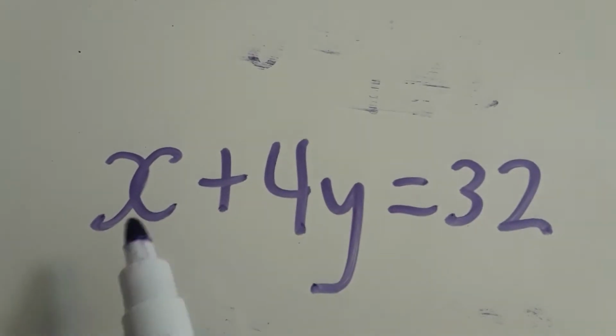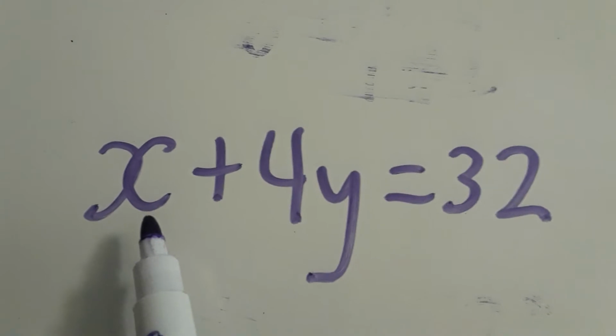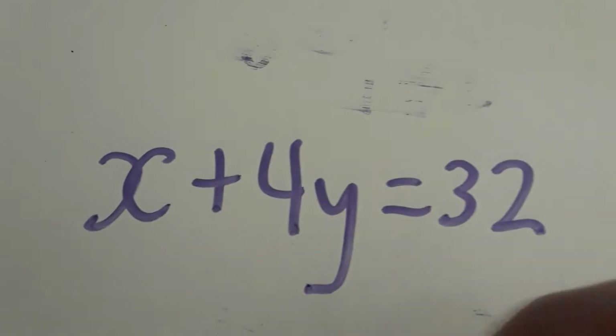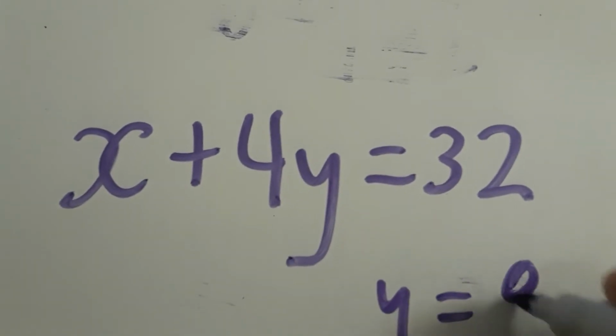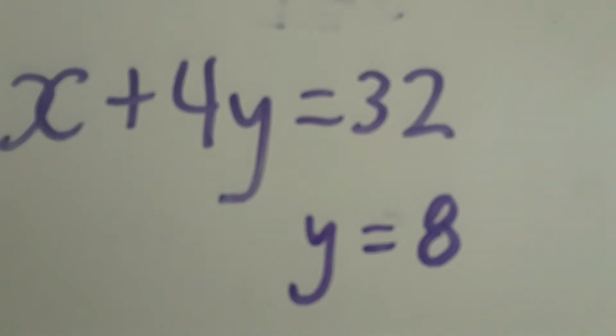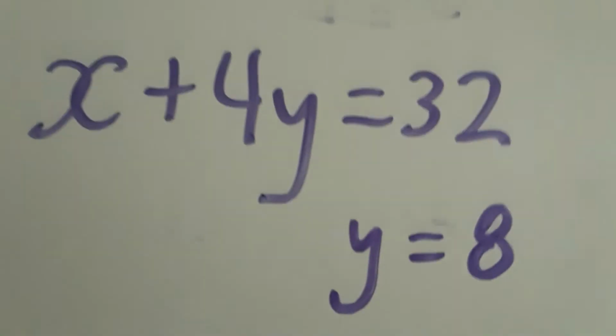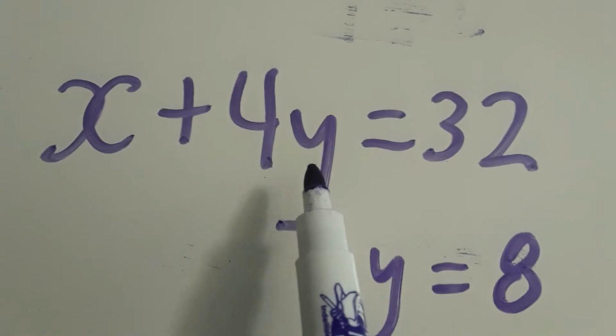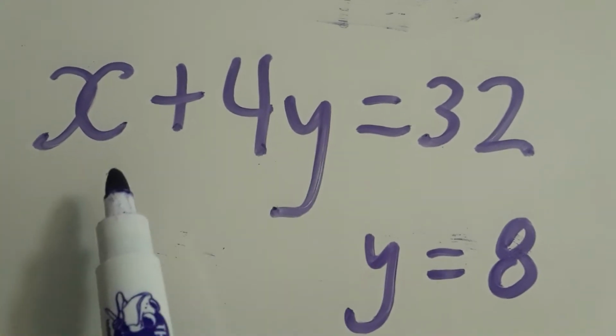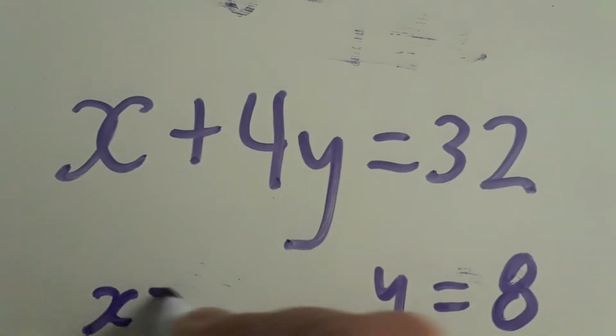For example, here we let x equal 0, and so we knew that y had to be 8. That was going to be our y intercept. And then we let y equal 0, and therefore we knew that x was going to have to be 32.